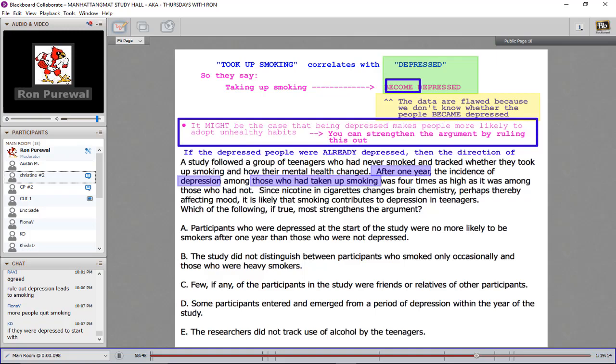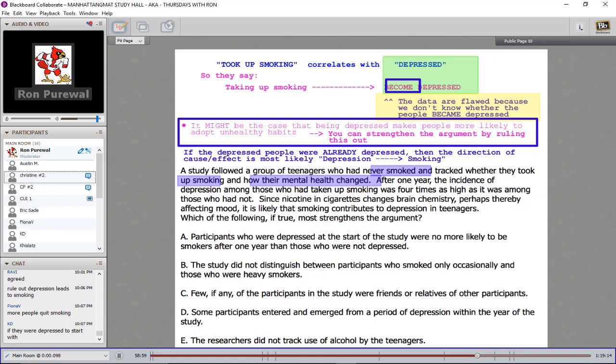Depression causes people to take up smoking. So if you could rule that out, give me a smiley face if that makes sense.